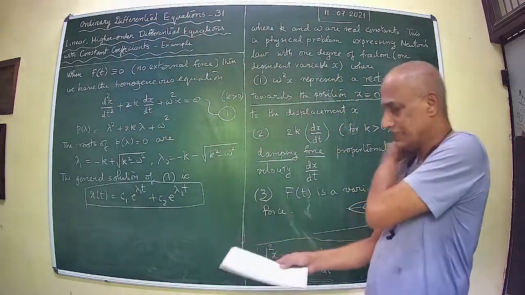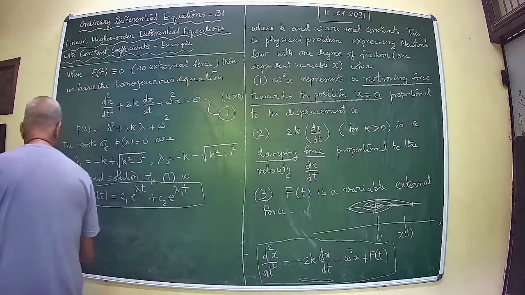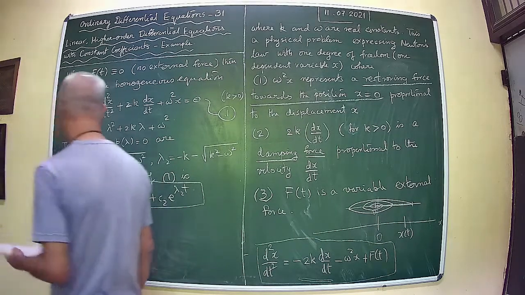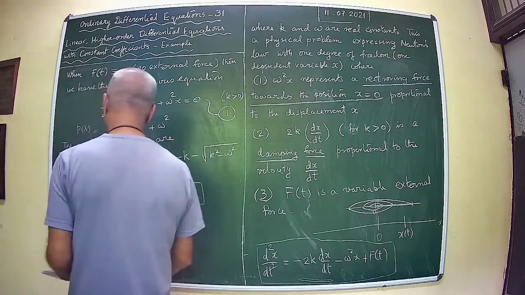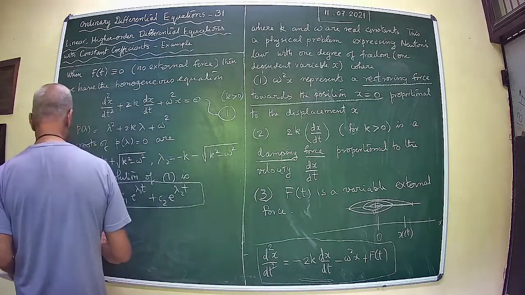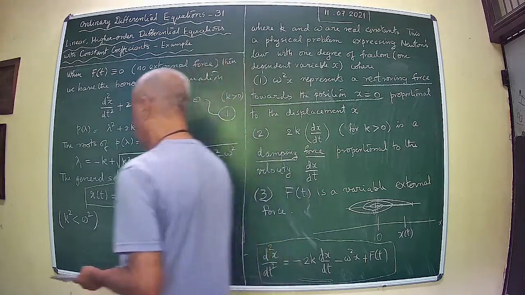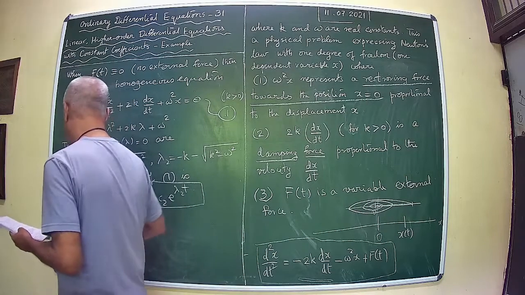Now let us take a special scenario. We take k square less than omega square.